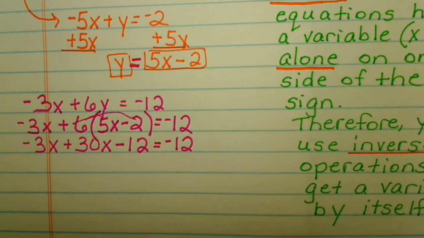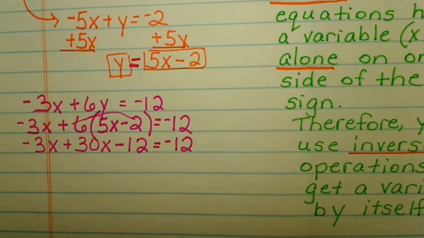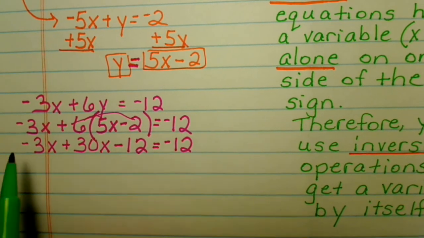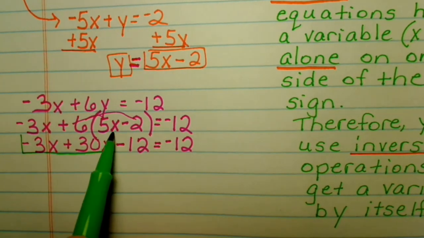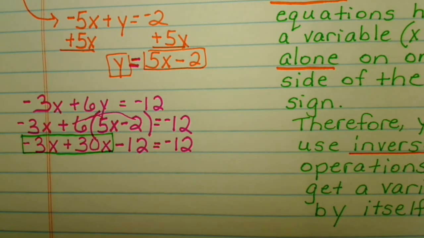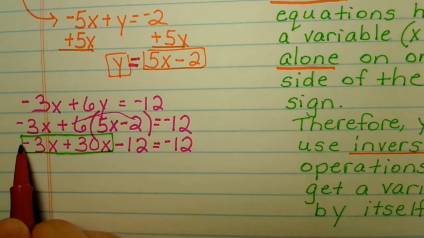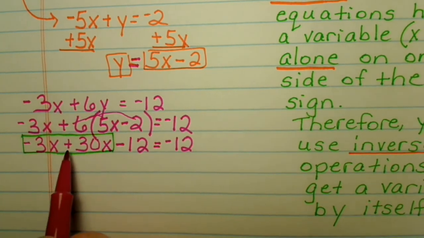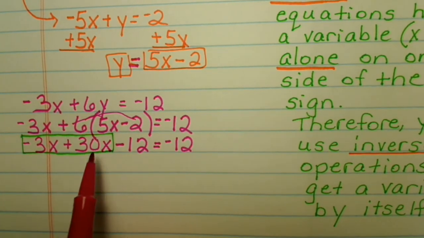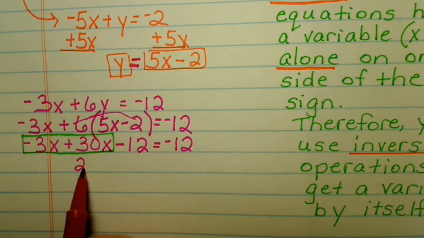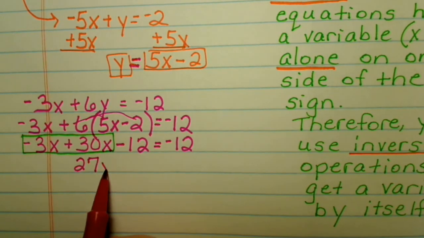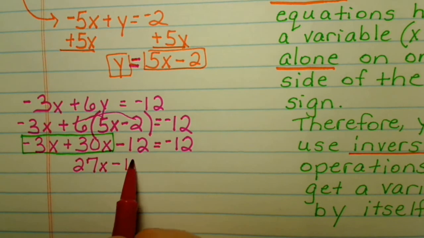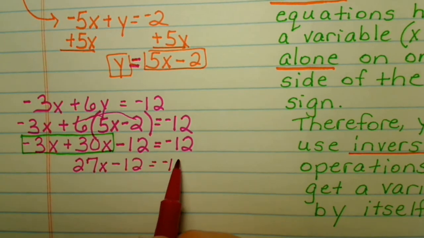Just bring that down. All right, what do we do next here? Great, we're going to combine like terms. That gives me negative 3x plus 30x gives me 27x minus 12 equals negative 12.